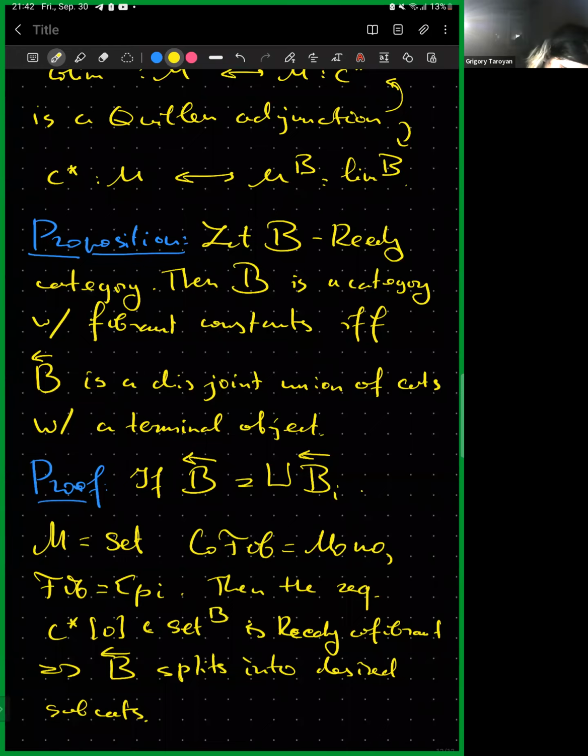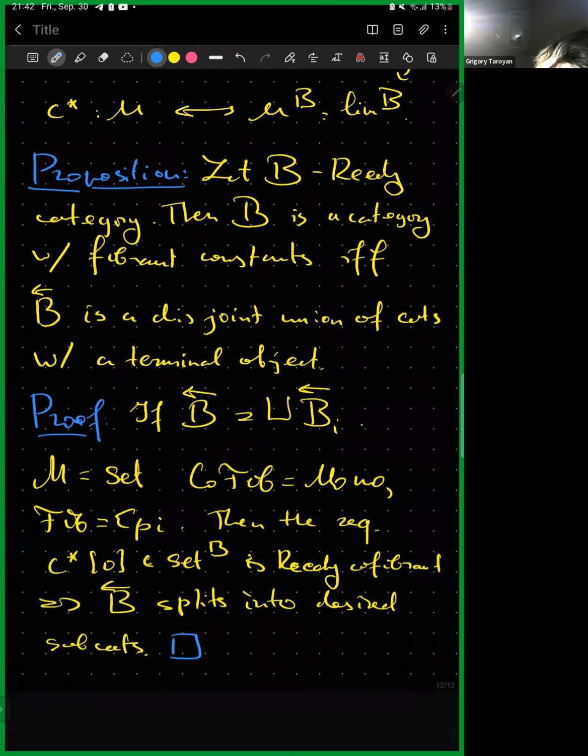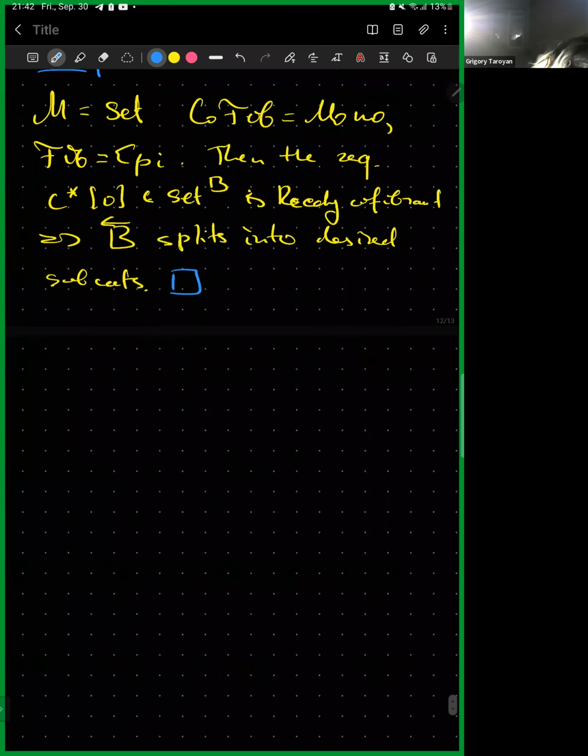Okay, so now we can derive a corollary from this proposition. So if M is a model category.